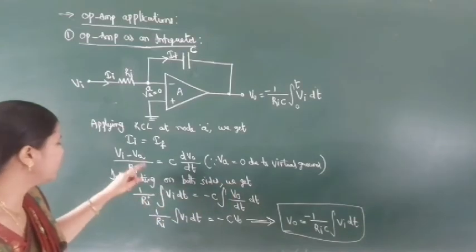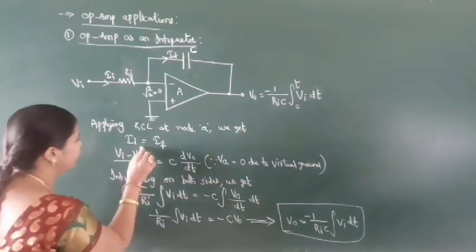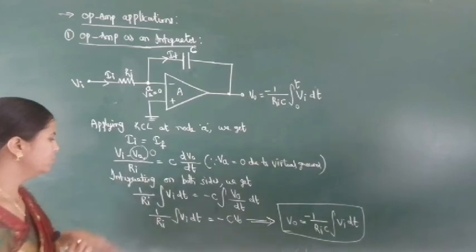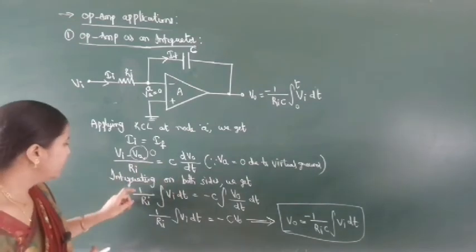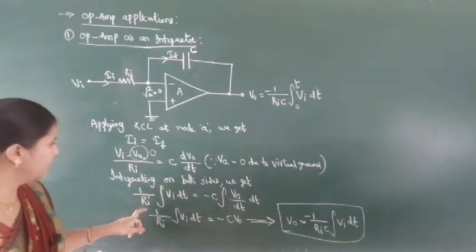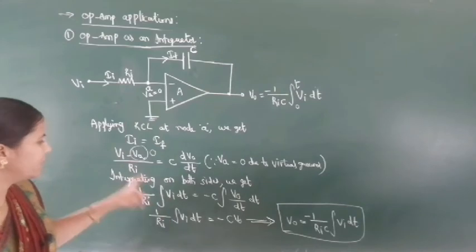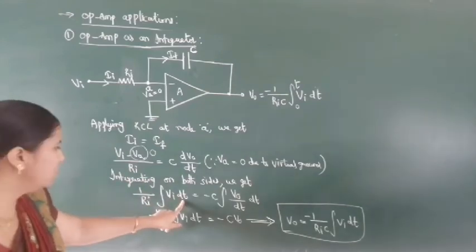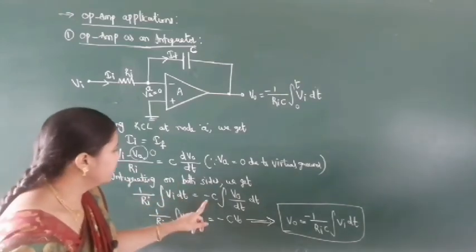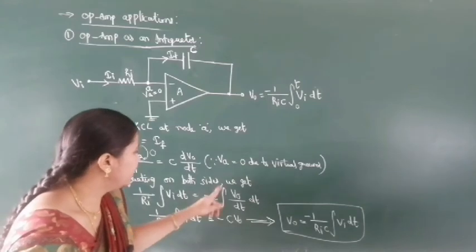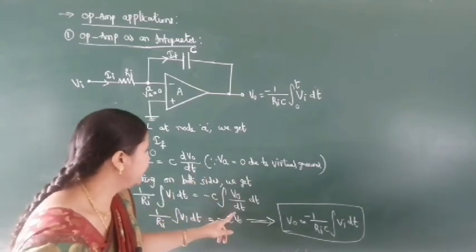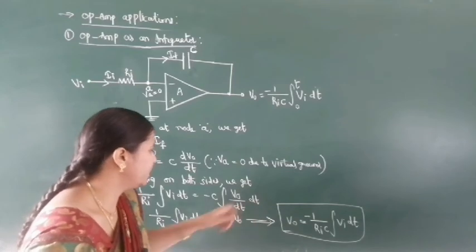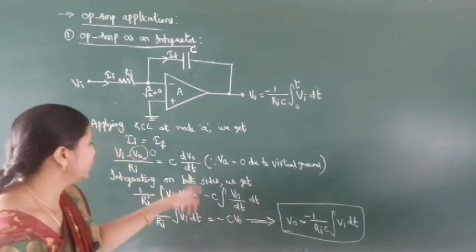If you integrate on both sides, substituting the VA value as 0, 1 by Ri is constant, and we integrate Vi with respect to dt, and on the other side minus C integration of dVo by dt into dt. So we have to integrate on both sides.